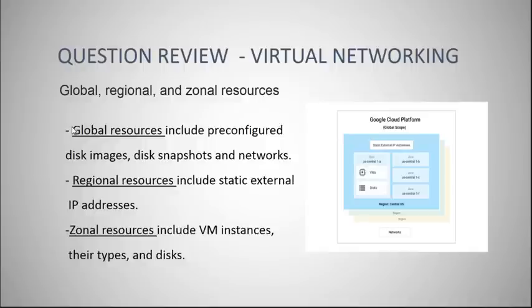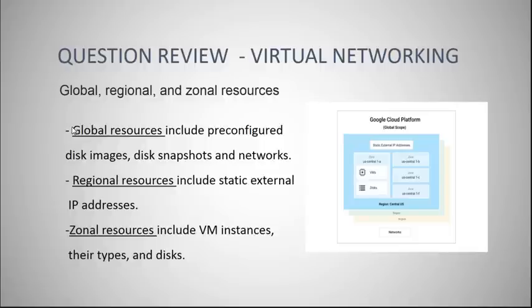Now, let's go back to the global, regional, and zonal resources. I showed you the web page earlier. It's very important that you spend some time understanding what resources are global.